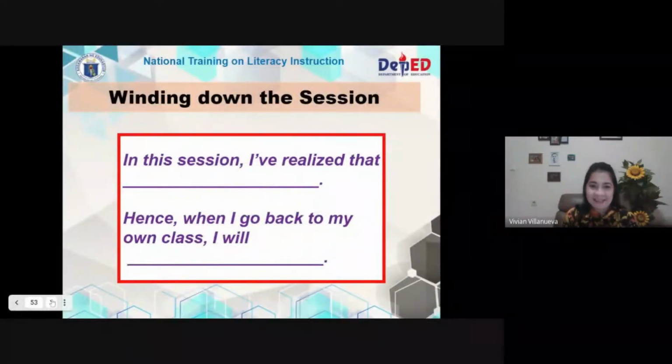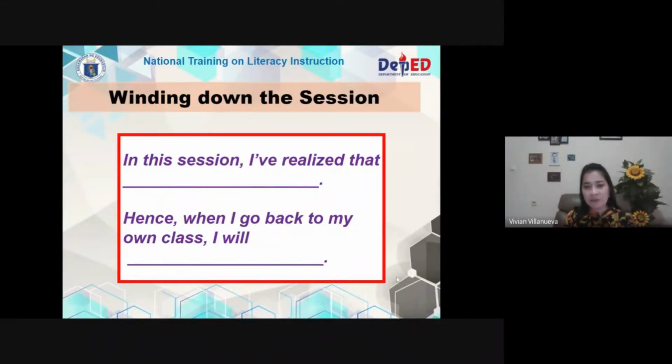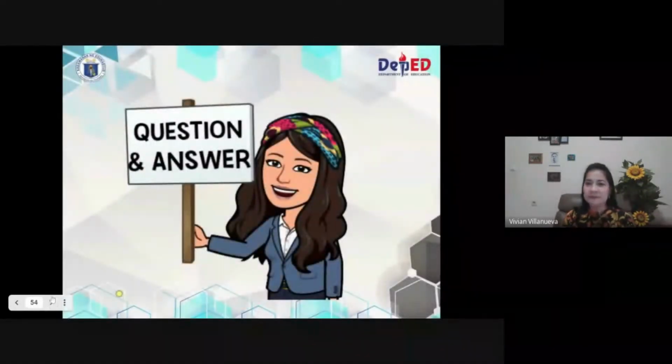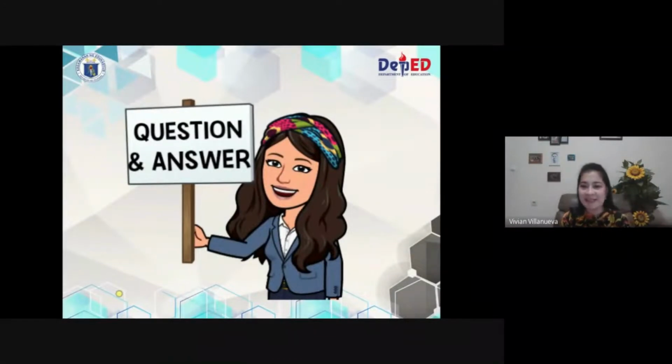All right, so I hope you can also use this reflection, and I hope you can use some of the reading strategies for noting details when you go back to your classroom. Let's go back to the question and answer portion. Go ahead.